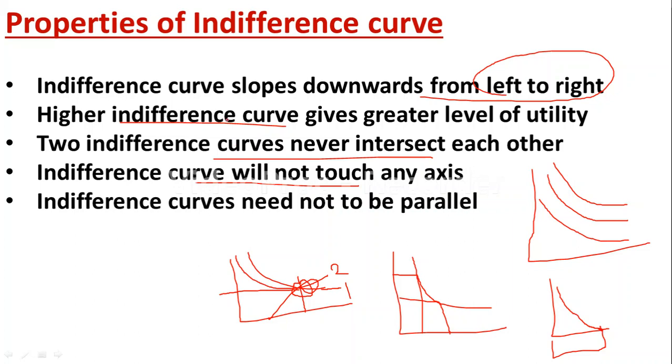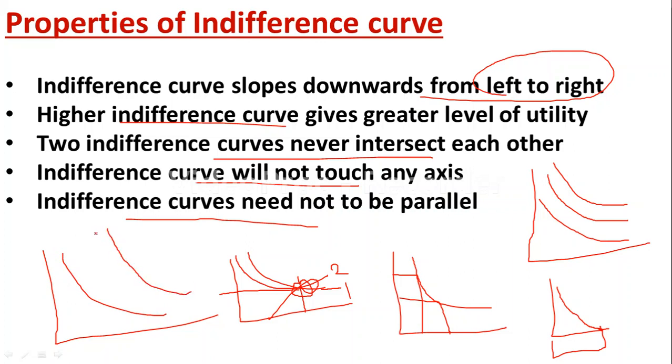So the indifference curve will not touch any axis, and indifference curves need not be parallel. We know a higher IC gives a higher level of utility and a lower IC gives a lower level of utility, but two indifference curves need not be parallel. So these are some properties of indifference curve.